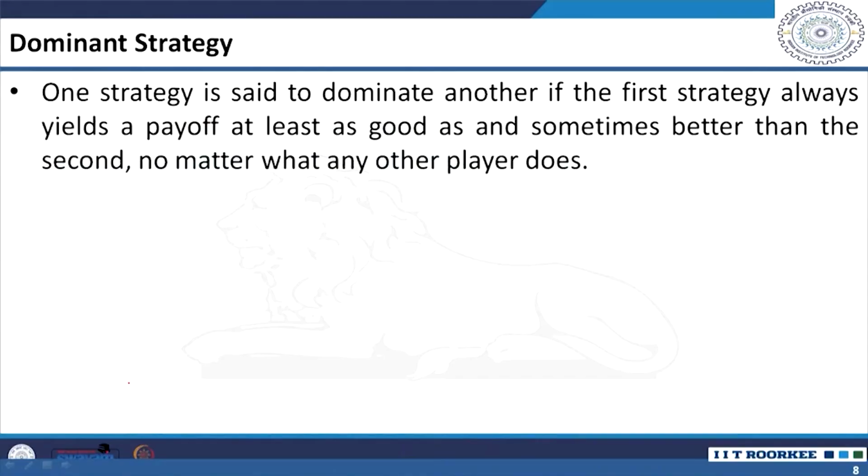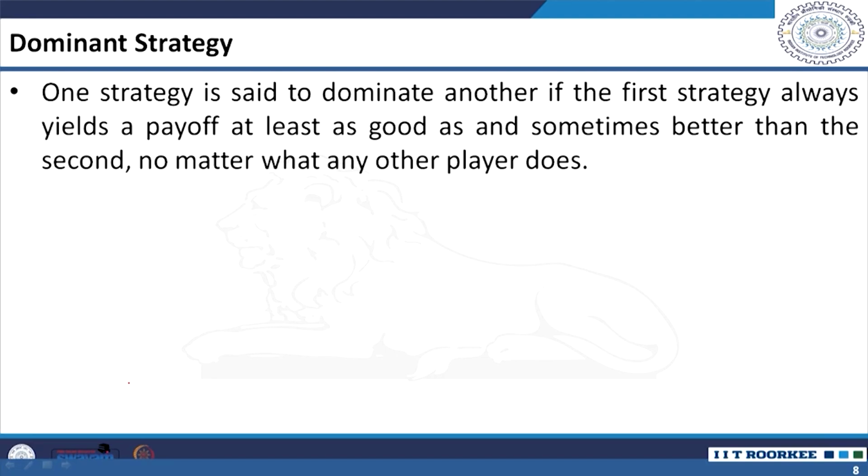In this context, a dominant strategy can be defined as a strategy which dominates another if the first strategy always yields a payoff at least as good as, and sometimes even better than, the second option, no matter what any other player does.